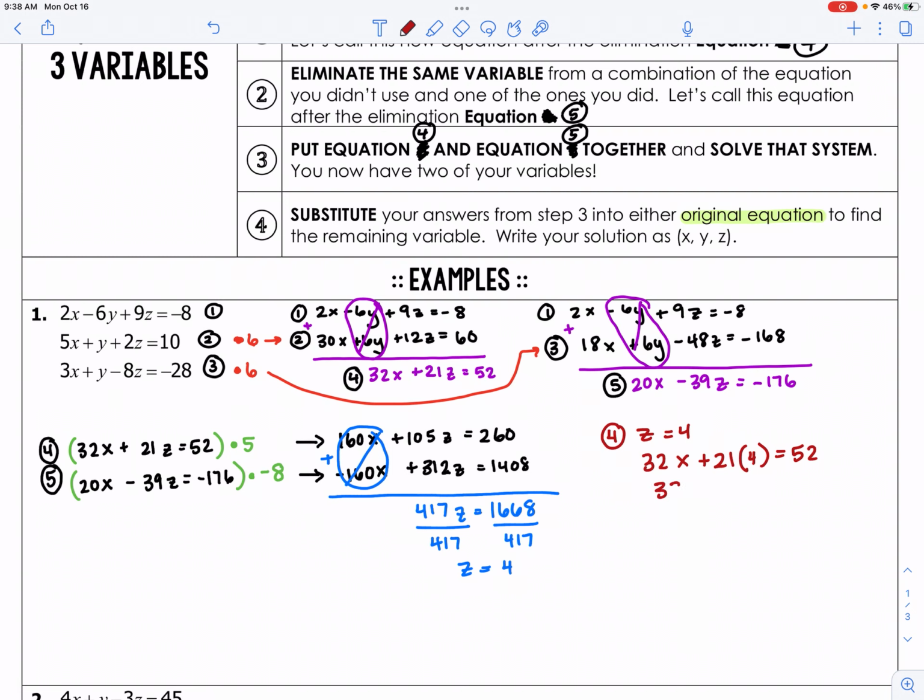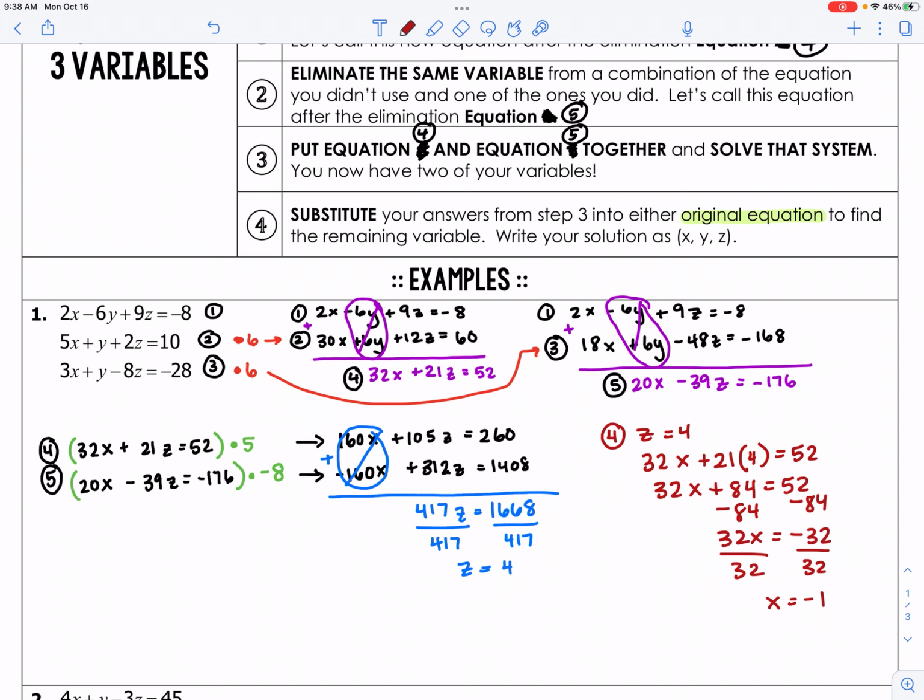We get 32x plus 84 is equal to 52. Subtract the 84 to the other side. 32x equals negative 32. Divide both sides by 32. We get x equals negative 1. So notice that we have really large numbers, but when we're solving, we're getting nice small numbers. Just because we have large numbers doesn't mean that we're always going to have large numbers for our solution.